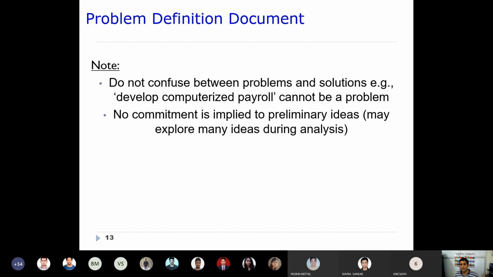So you can see no commitment is applied to preliminary ideas; we may explore many ideas during analysis. Whatever ideas we leave here at this preliminary stage may not be the final ones. These things may be changed at a later point of time.